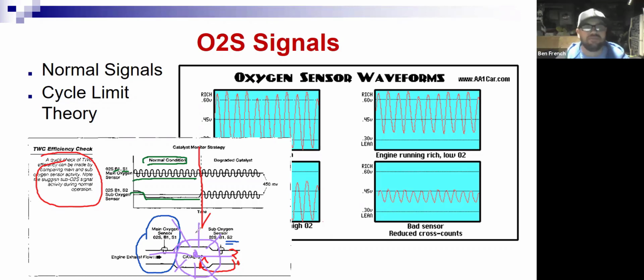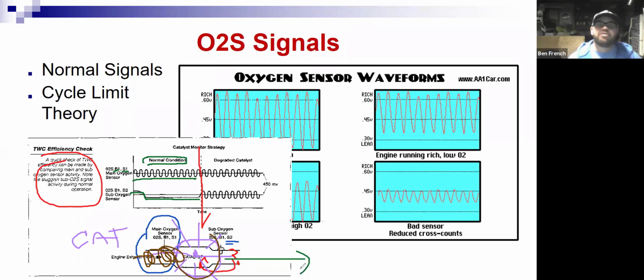That cerium part of the substrate, it actually stores oxygen and then uses that oxygen to help burn the emissions. So you guys might not realize it, but the cat, he's going to try to burn any emissions the engine doesn't burn up. So if your engine's running really poorly, that's just going to make the cat work that much harder.